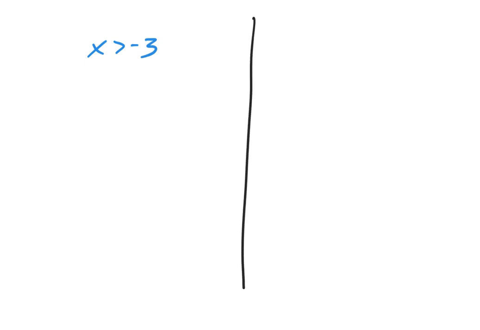Okay, what if I have x is greater than negative 3? If I have an x but no y in my inequality, what's that mean about my graph? What would my graph look like?